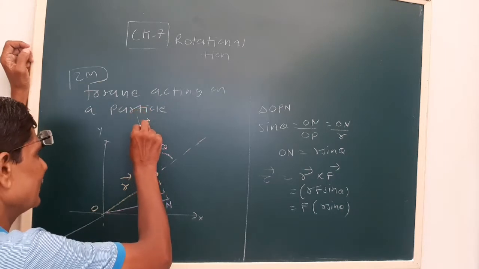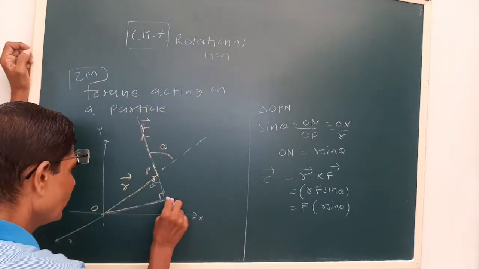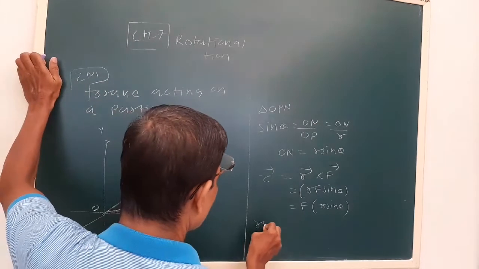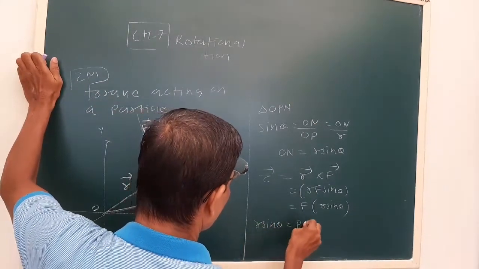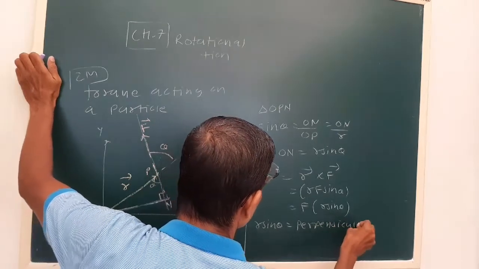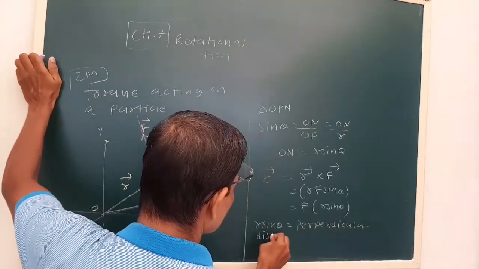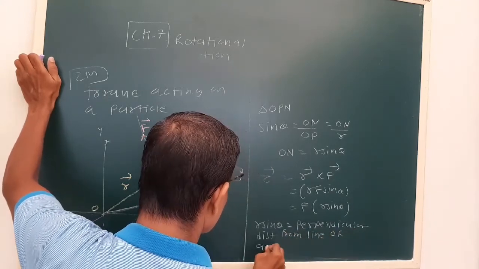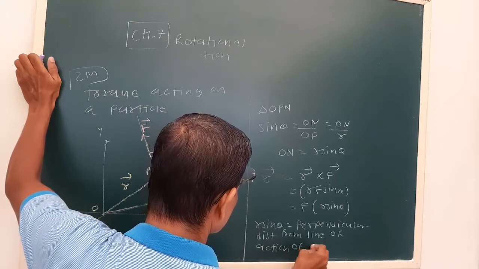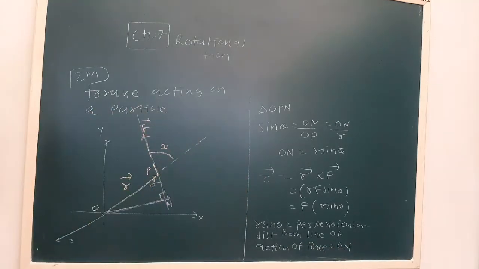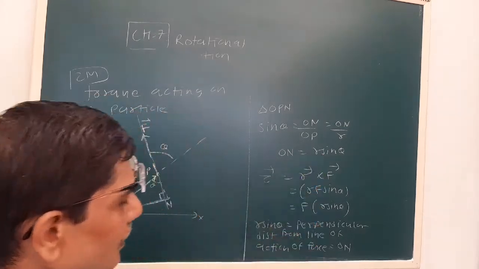R sin theta is nothing but the perpendicular distance from the line of action of force, that is ON. R sin theta is nothing but ON.